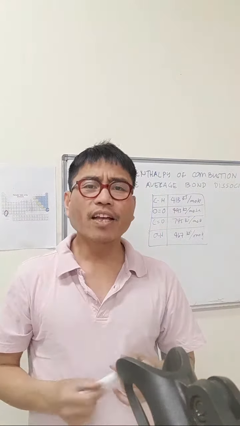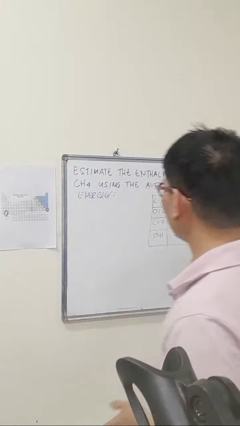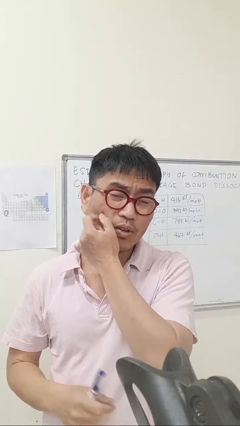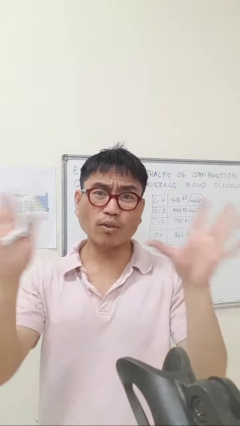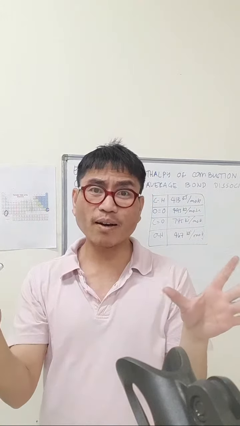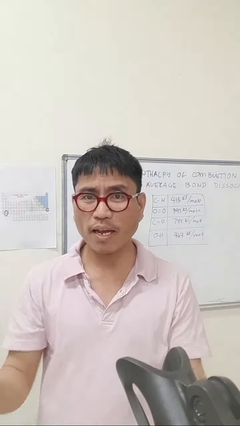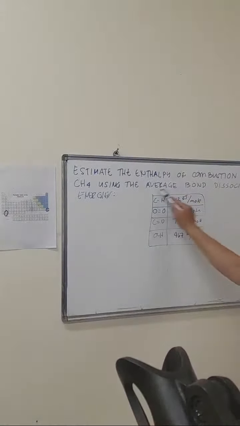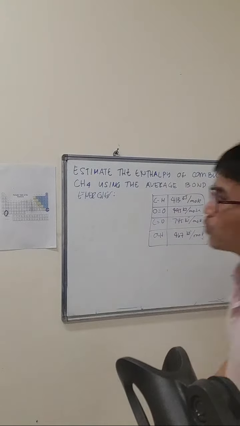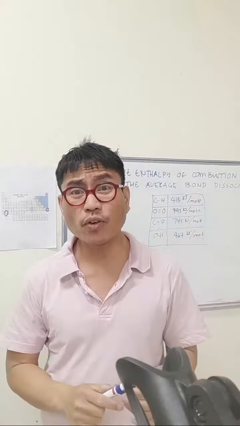So guys, if there's no table like this, don't force it. You will know that from the problem in the first place. Take note, always like this. But if there are only the kilojoules per mole values, then use the regular enthalpy change of reaction.